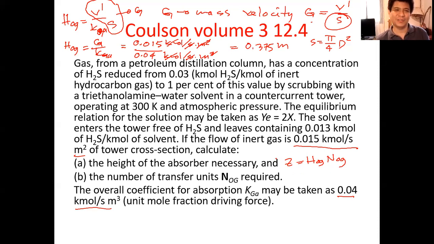Anyway, basta tatandaan niyo yan. Tapos yung formula ng HOG, G divided by KGA, tapos yung formula ng NOG, y1 minus y2 divided by y minus yi sub ln. Substitute niyo lang. Z is equals to, this is 0.375 meters. Tapos, kanina na-calculate natin yung NOG is 20.79, 20.8.